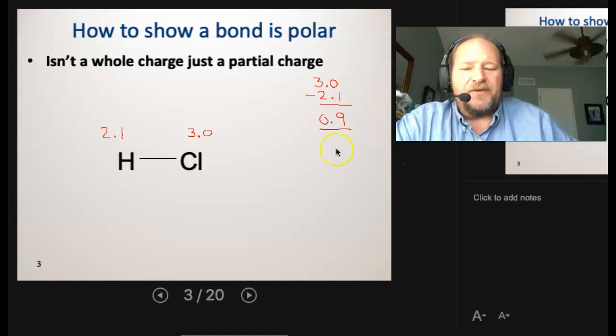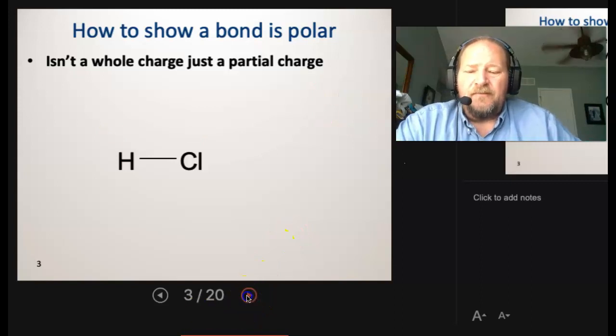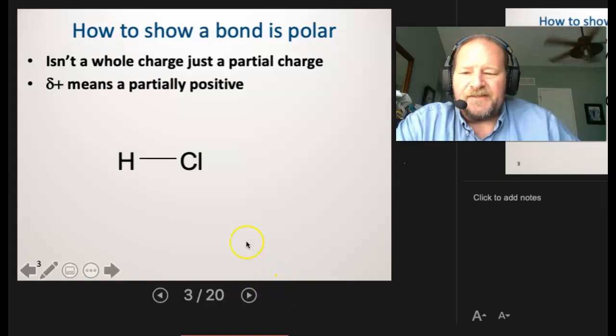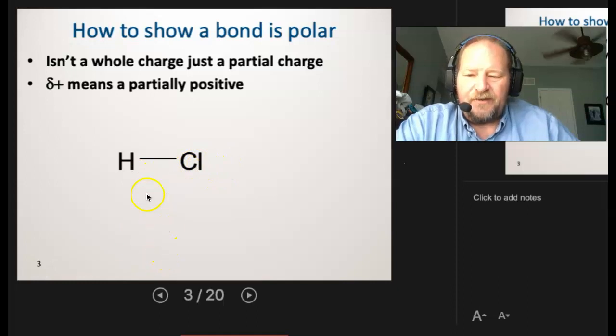Now, how do we show that it's a polar bond? Well, first thing, again, we're going to use a partial positive. So we're using a little delta with a little plus sign after it. That tells us when it's partially positive. So at this point, which one's partially positive? Well, the hydrogen only has a value of 2.1, and the chlorine had a value of 3.0.